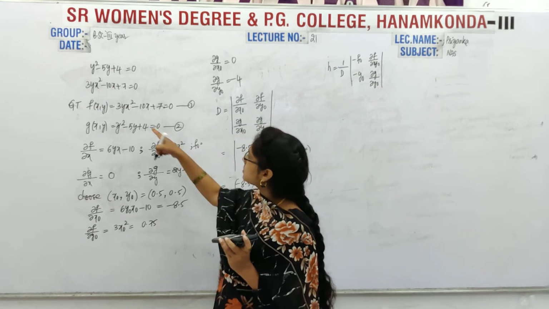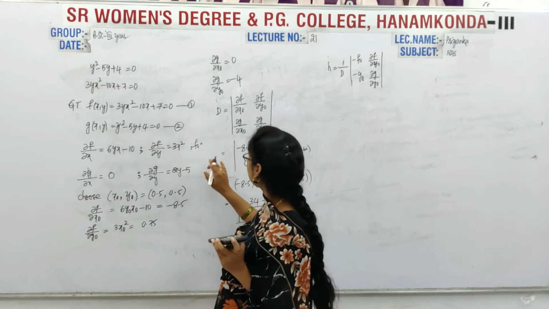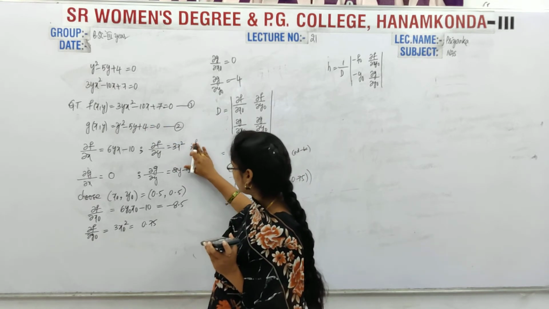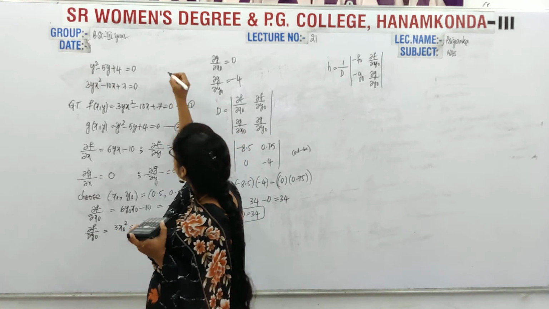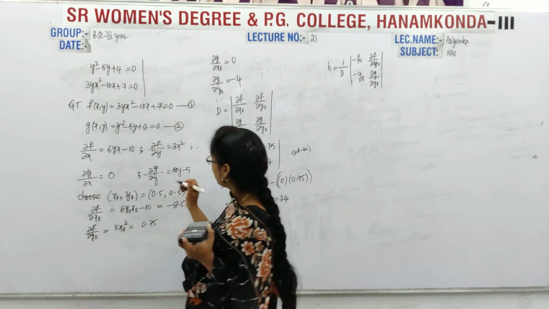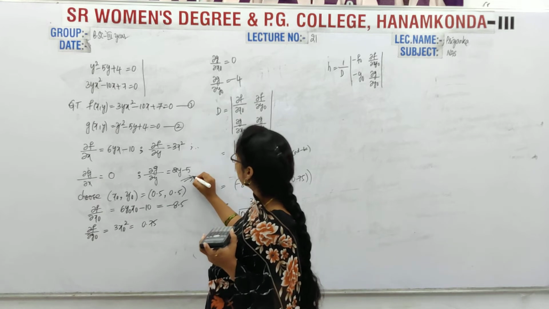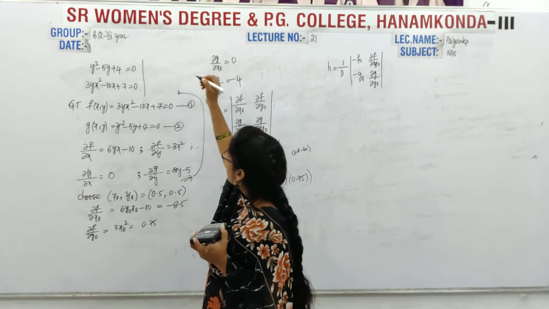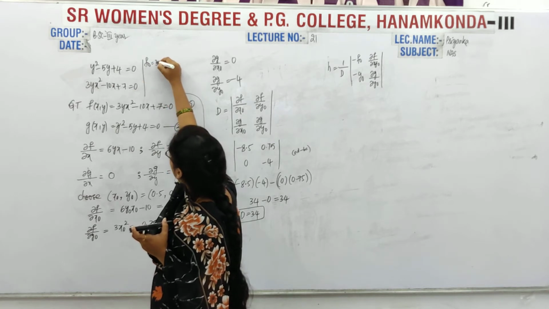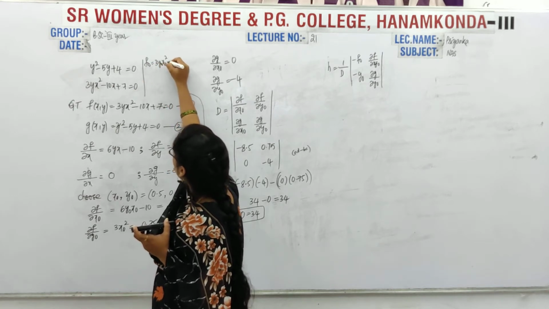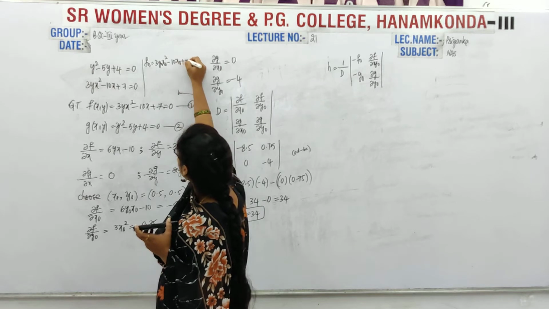Please write this step after this. F naught means here 3 y naught x naught square minus 10x naught plus 7.